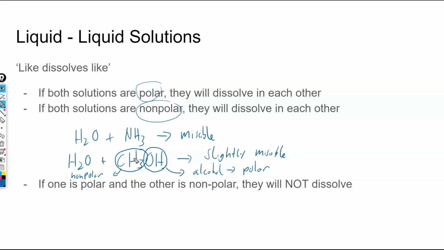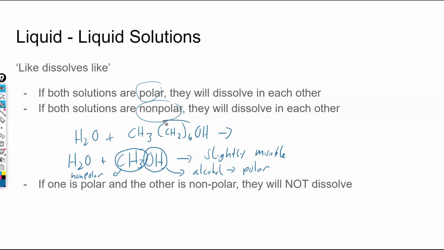So what I'm saying is, if we add more of this nonpolar part, it will become more and more not miscible. Let me erase this one. Let's say we added a longer hydrocarbon chain. So let's say we have CH3, parentheses, CH2, and 6 of those, with OH.